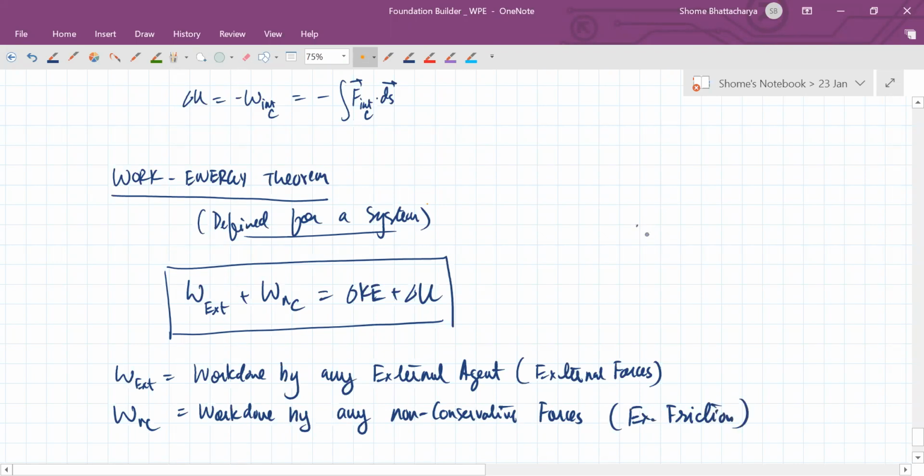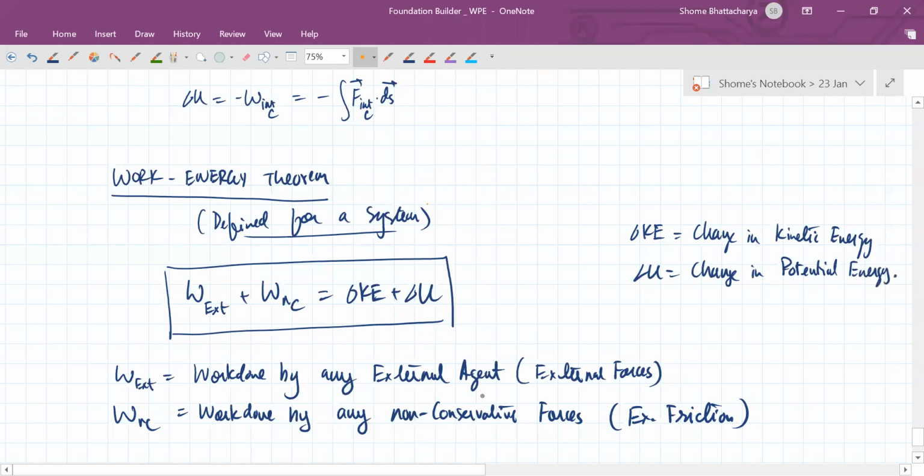And of course, this is the change in kinetic energy, and this is the change in potential energy. This is how the work energy theorem is defined.